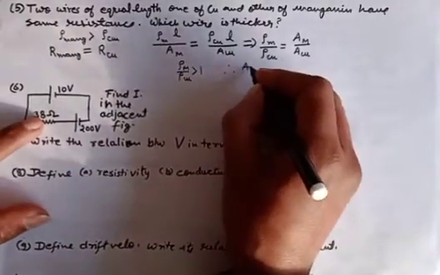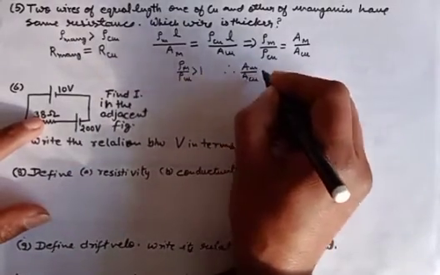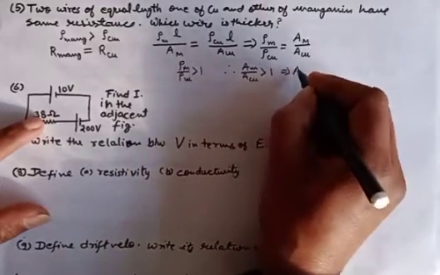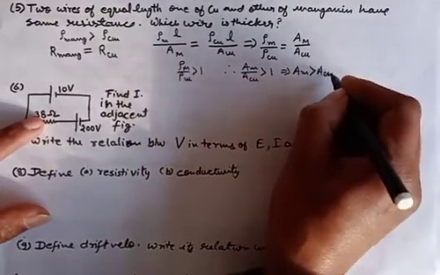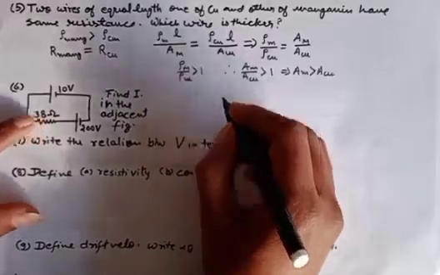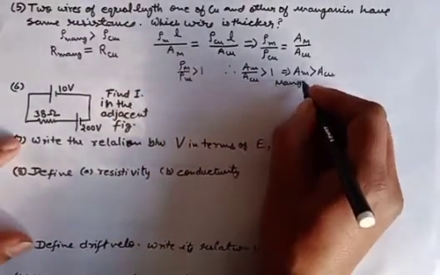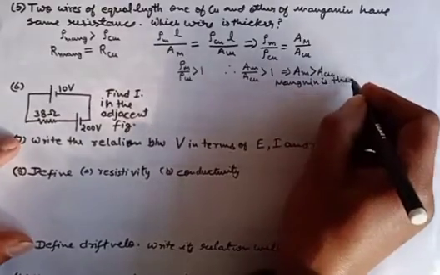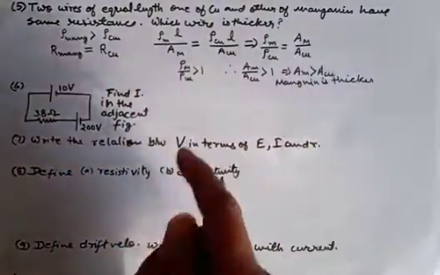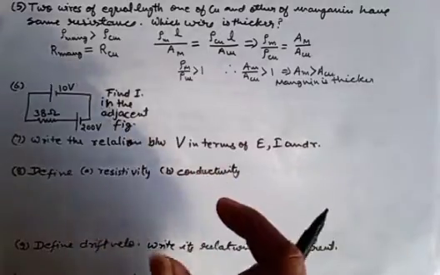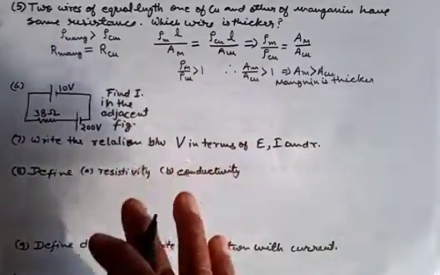Therefore area for manganese upon area for copper is greater than 1. Therefore area for manganese is greater than area for copper, so manganese is thicker. The same question can be asked, which one is longer? If both are given of same area of cross section, you will proceed this way.